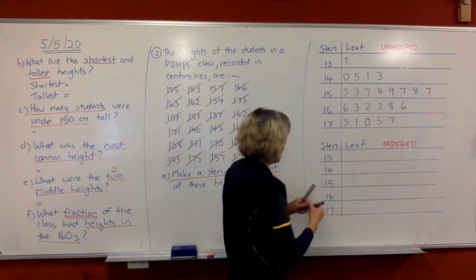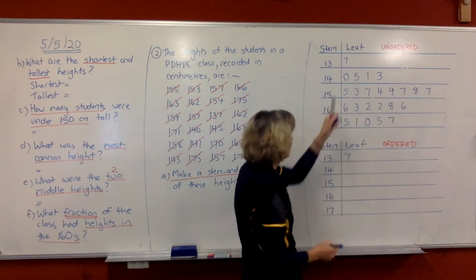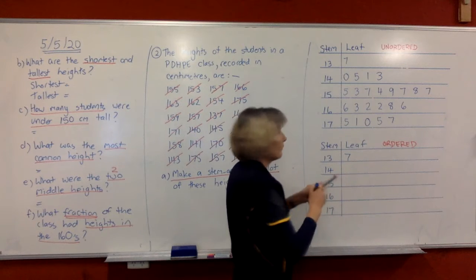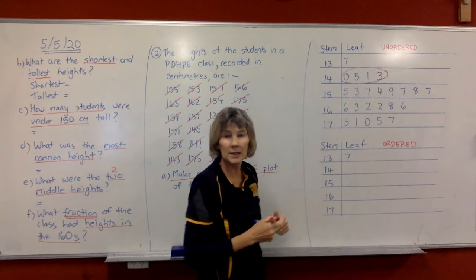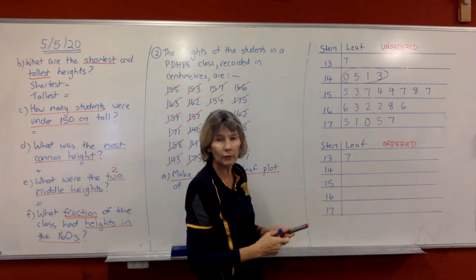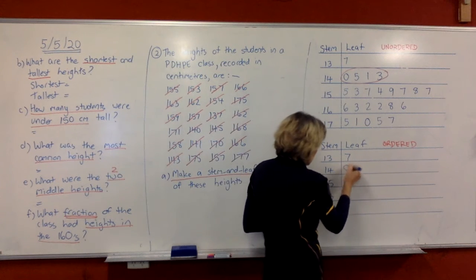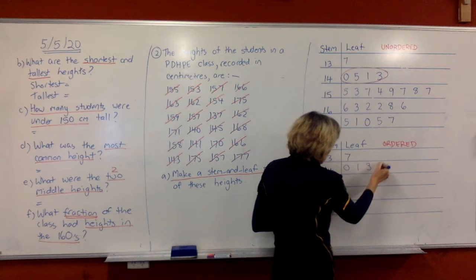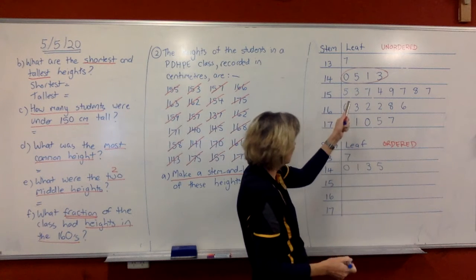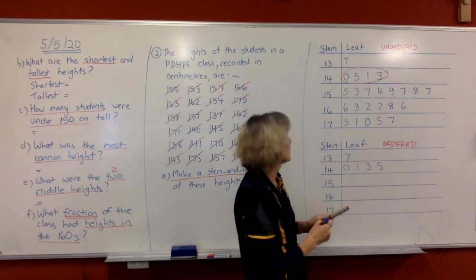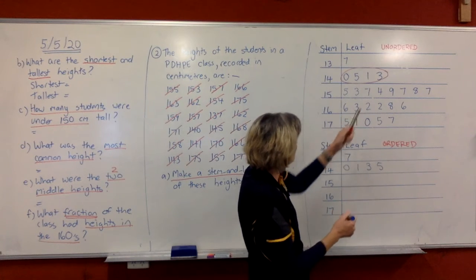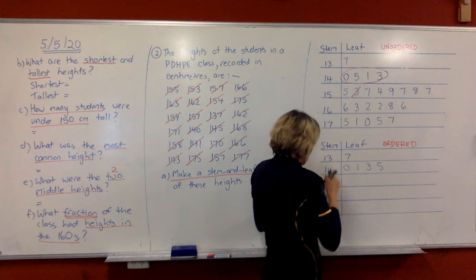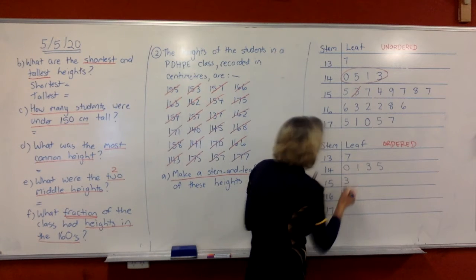So the first one just had a 7 there, so that's fine. These ones here have to be put in order. So we're going to write that as 0, 1, 3, 5 in order. Next one, well, that's the longest line, so it's a little bit harder. You might want to cross things out as you go up here. So the smallest number we have is the 3, so we'll write that one first.